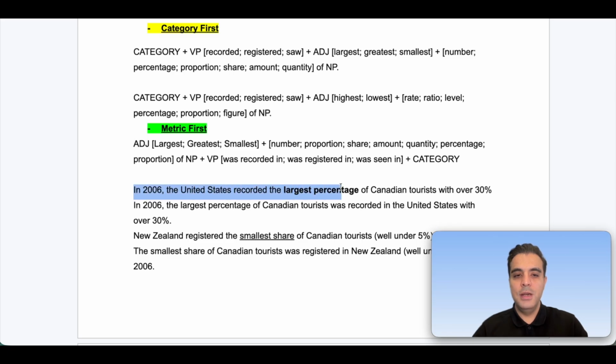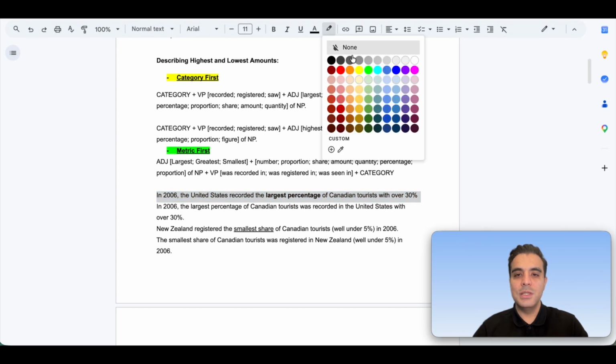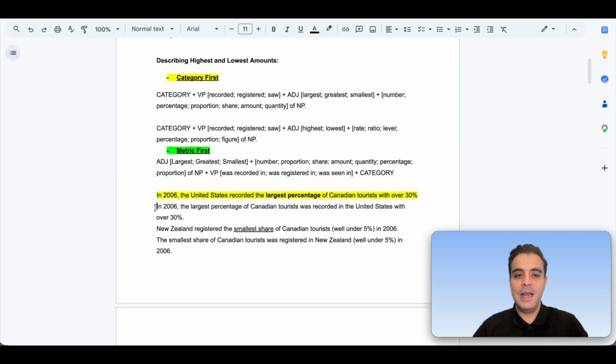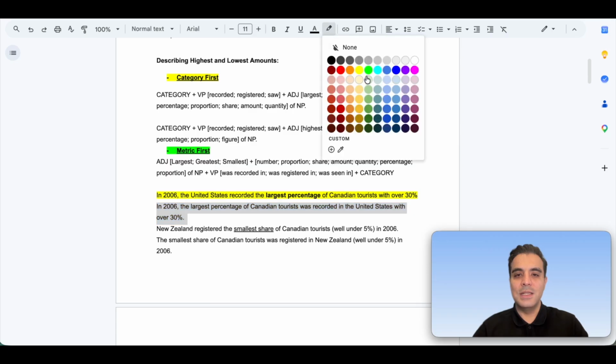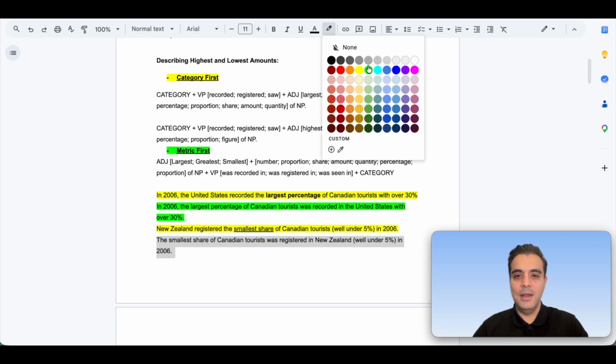This first one, in 2006, the United States recorded the largest percentage of Canadian tourists. What is the color that we're going to use? This is yellow. The second one that you can see here is green. It's metric first. This sentence right here, again, it is following the category first structure, so we'll highlight that in yellow. And the second one, we're going to highlight that in green.